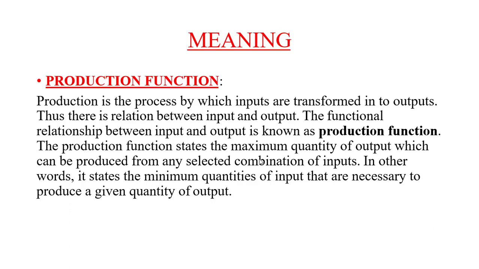Production function states the maximum quantity of output which can be produced from any selected combination of inputs. Whatever output you need to produce in the future, it has to be a combination of inputs, like your labor and capital. How much labor and how much capital you need to produce the maximum quantity of output is what is known as production function.